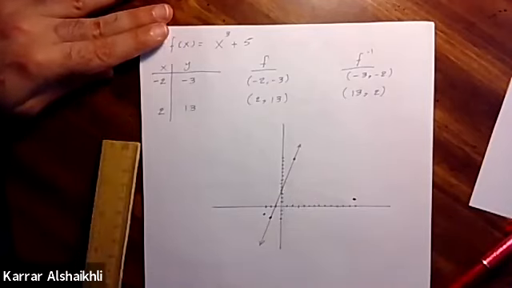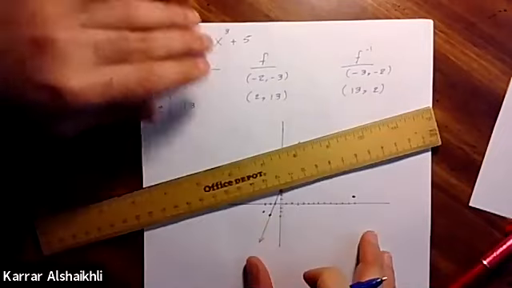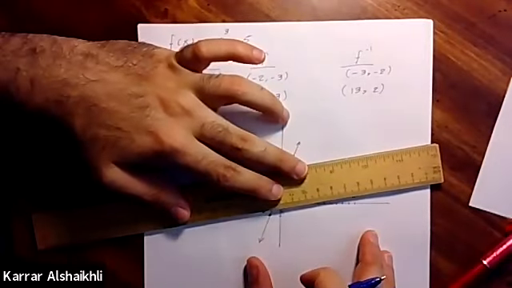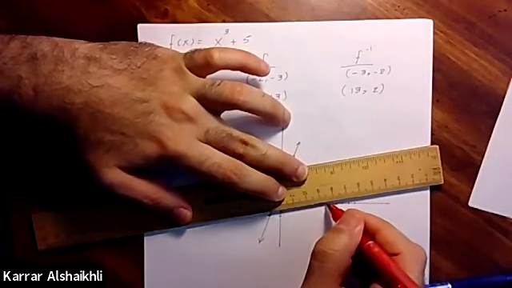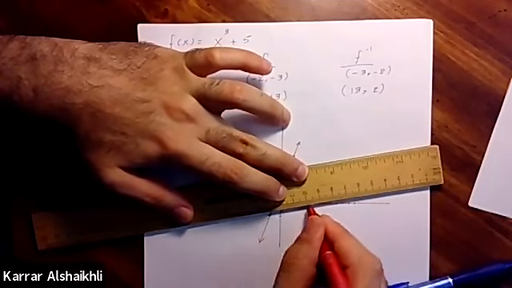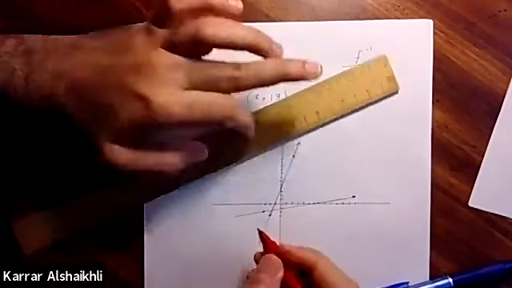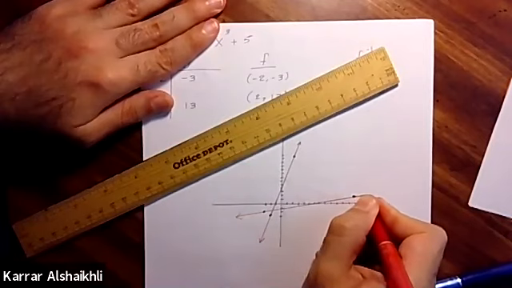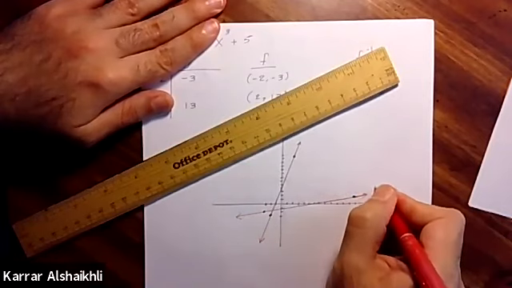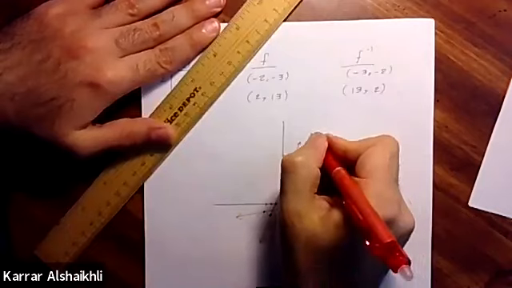That means the graph of the inverse is going to be a line like this between these 2 points. This is the inverse, and this is f.